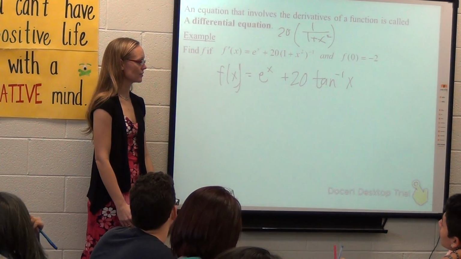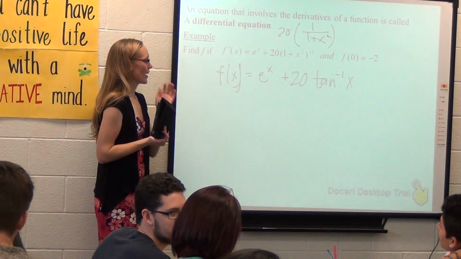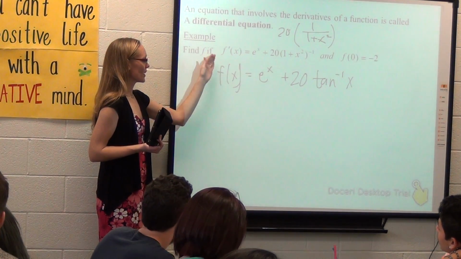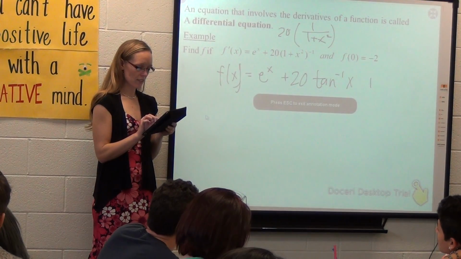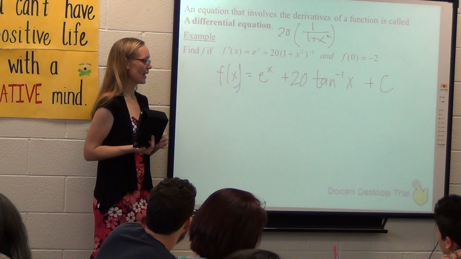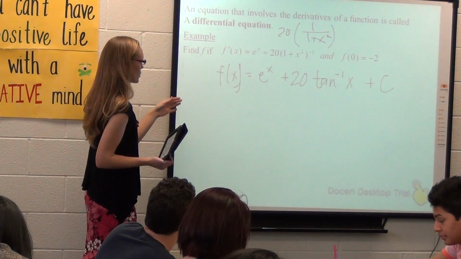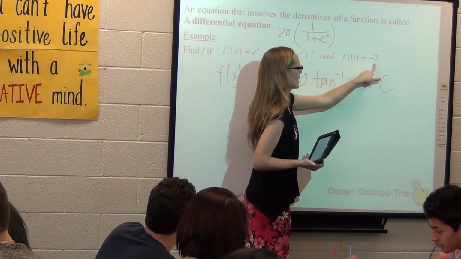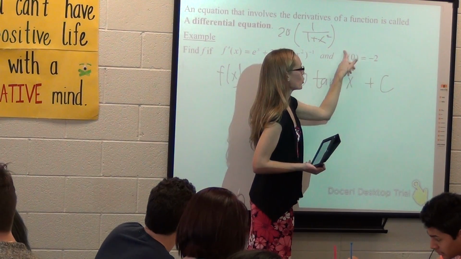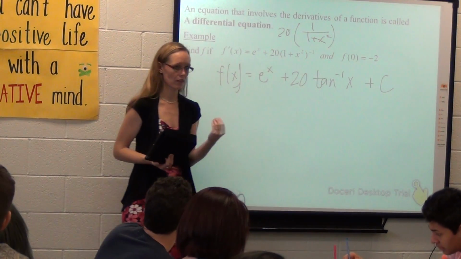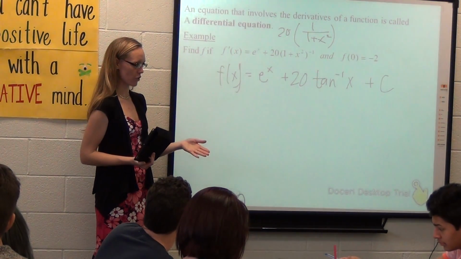When I am underiving, there's always this random constant at the end for a general antiderivative. This problem in particular has given us what's called an initial condition. They've told us about a specific function.